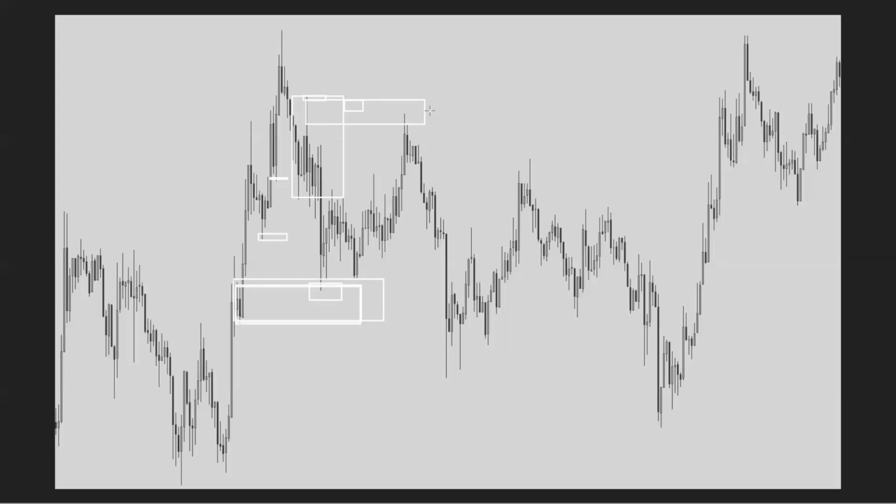So you basically have more room to run price down. If you're buying this, you really don't want to be holding past the last FTR here. But if you're selling up here, because market structure is bearish, we know buyers are weak and sellers are chasing price down, I expect this to get broken on the next test. Okay, so you've got more room to run price when you're trading with the flow.